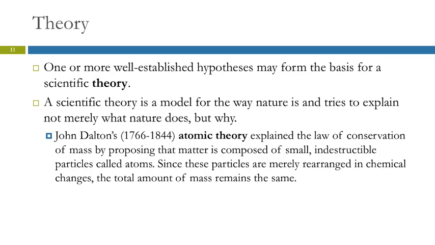That's why we publish journal articles to say, look what I found. Other people say, well, I'm not so sure I believe you, and so they test it also. And after this has been tested for a while, that hypothesis may become a theory, explaining why this stuff happens, right? So a scientific theory is a model for the way nature is and tries to explain why it does that.